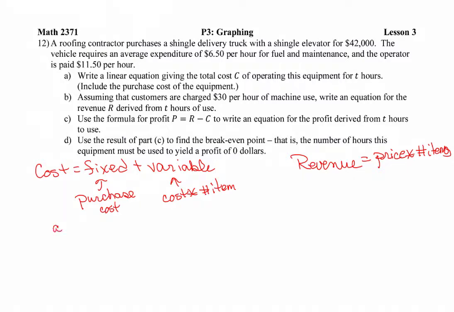All right, so for part A, we know that the purchase cost is $42,000. And then we're going to have two variable costs. So our variable cost is going to be two different things.